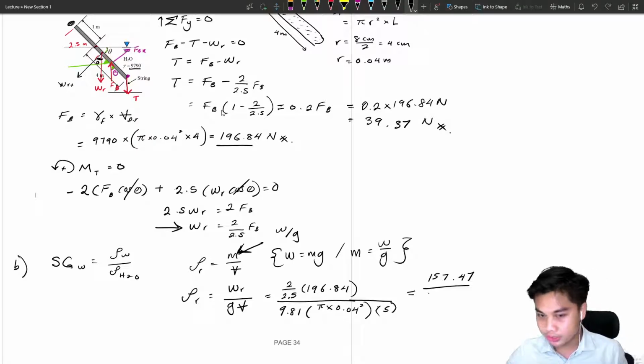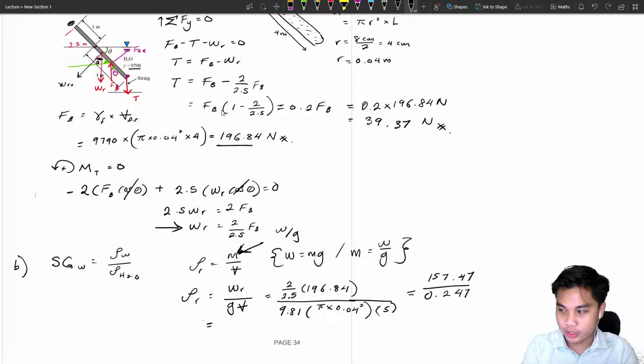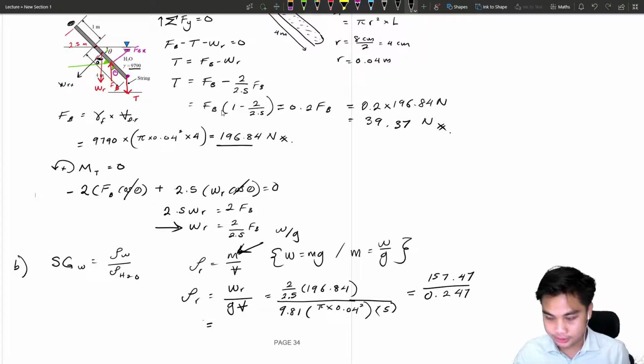So here you will get 0.247. So the density should be 157.47 divided by 0.247. You will get 638.69 kilogram per meter cubed.